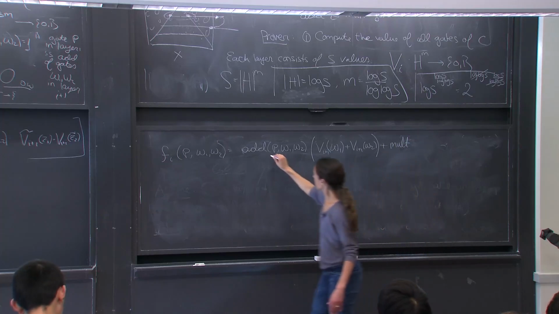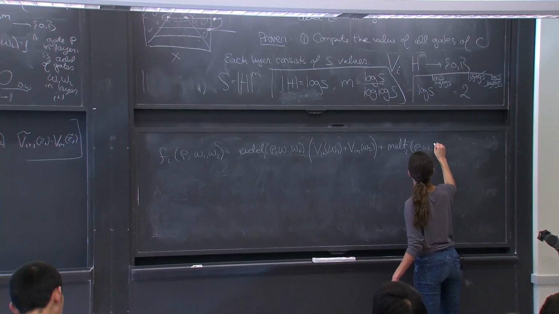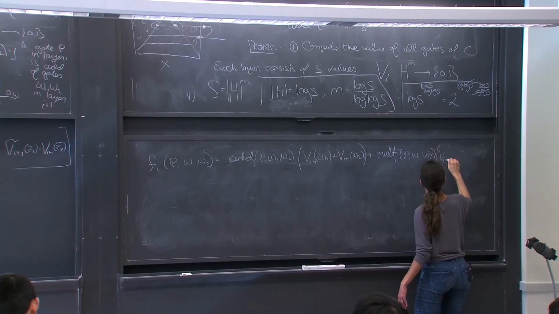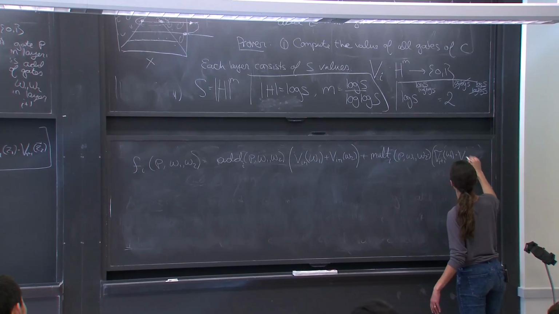This is I, P, W1, W2, times VI plus 1 of W1 times VI plus 1 of W2.